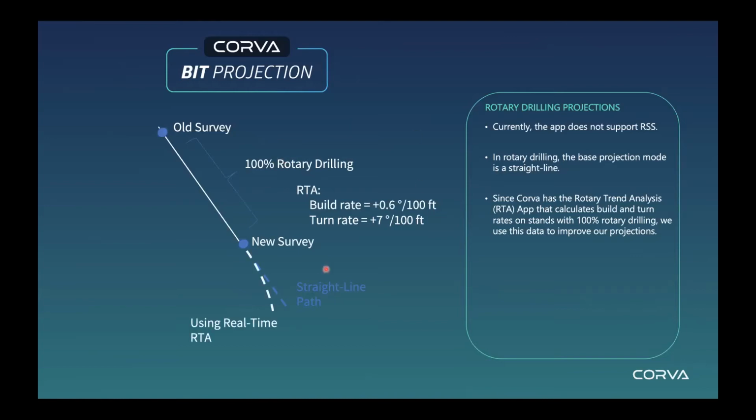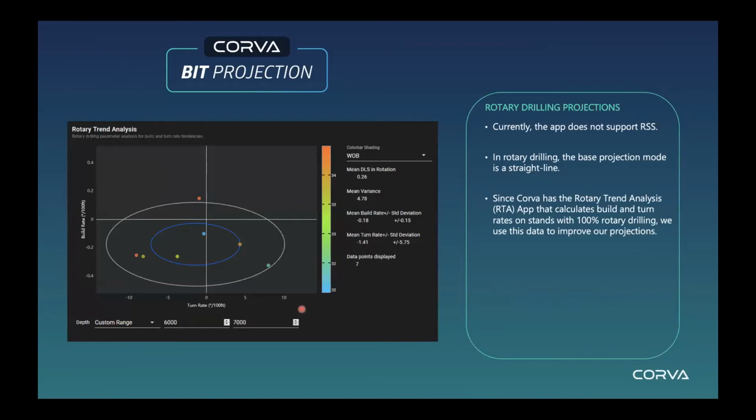So instead of just making the straight line projections from the current survey ahead to the bit, we can actually apply this rotary trend analysis data, which has a build rate and a turn rate, to project across this curve here, which gives us a better approximation of where the bit actually is. Just a quick plug, this is the rotary trend app.